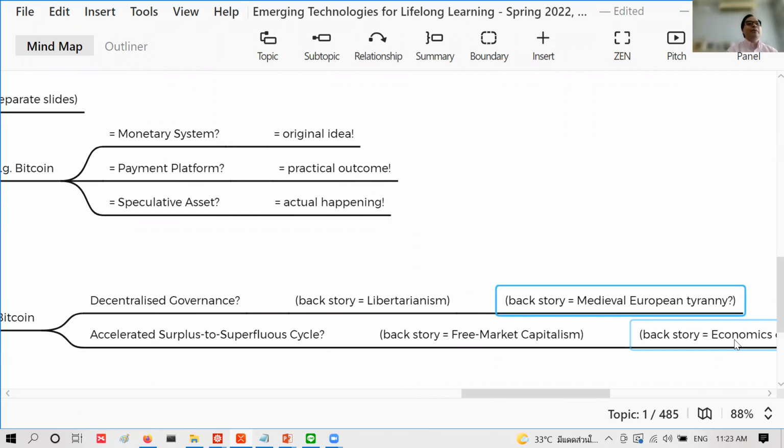And the backstory of libertarianism is that in medieval Europe you have tyranny that's tax. When the European kings and queens tax, forget about printing money, they basically take money from the farmer because they want to fight war. They do it to dress up Versailles, Buckingham Palace.